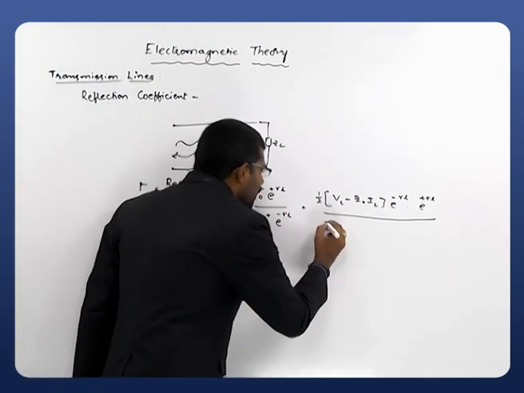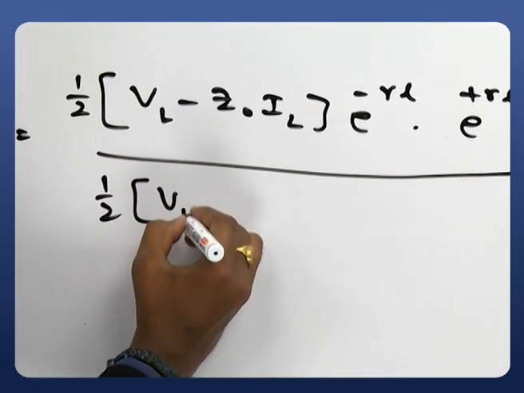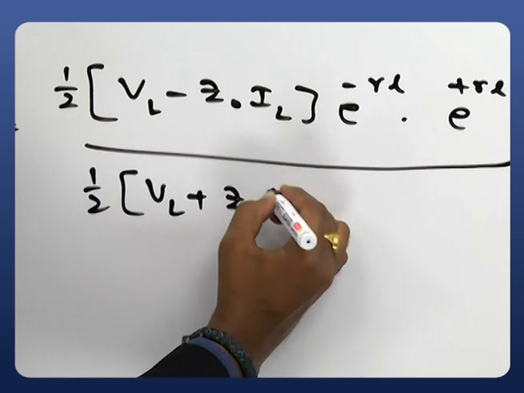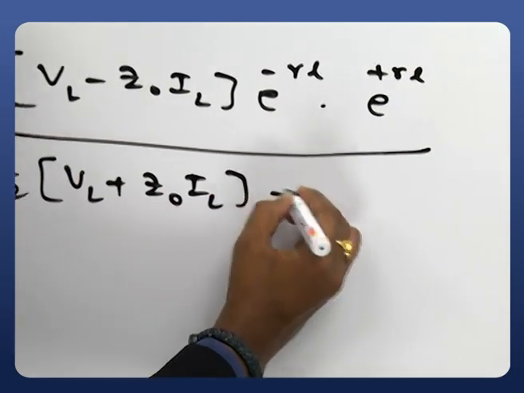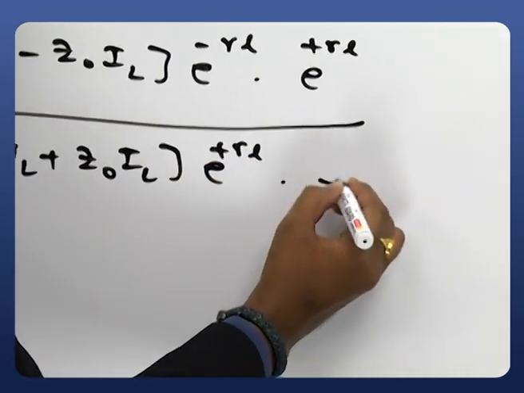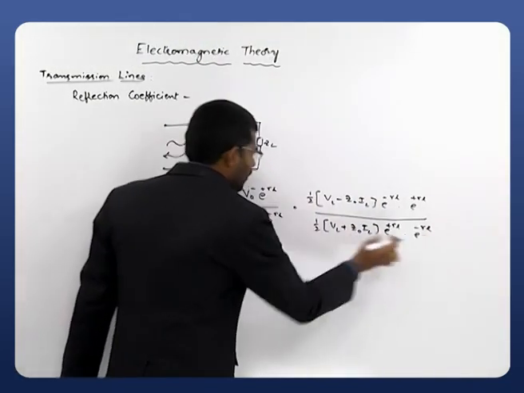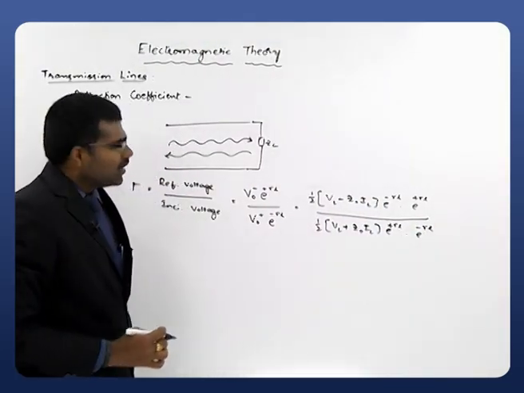Instead of V0 plus, you can write 1 by 2 (VL plus Z0 IL) e power plus gamma L multiplied with e power minus gamma L, that is this term, right? Now simplify this one.